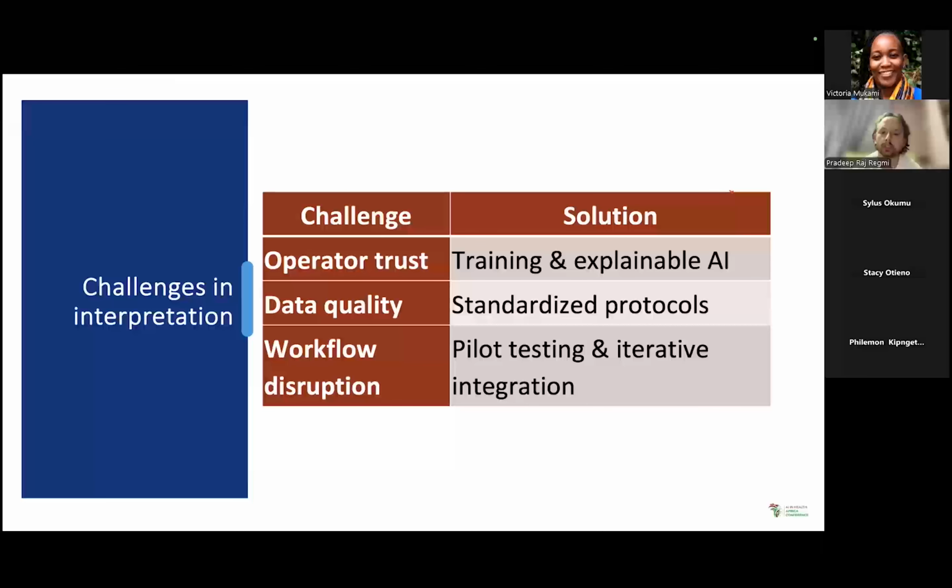So challenges can be operator trust, and the solution for that can be training and explainable AI. The second challenge could be data quality, which can be addressed through standardized protocols with the help of AI. Another is workflow disruption. There can be pilot testing and iterative integration in the clinical setup, so that these challenges are solved.